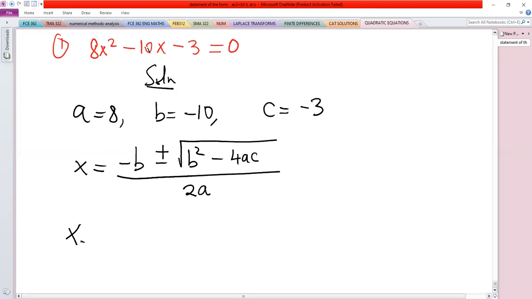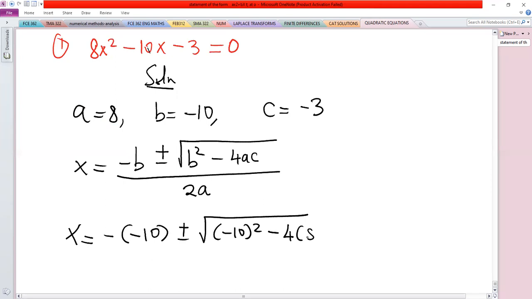So x will be minus, where there's b you put minus 10, plus or minus square root of minus 10 squared minus 4 times 8 times minus 3, and then 2 times 8.